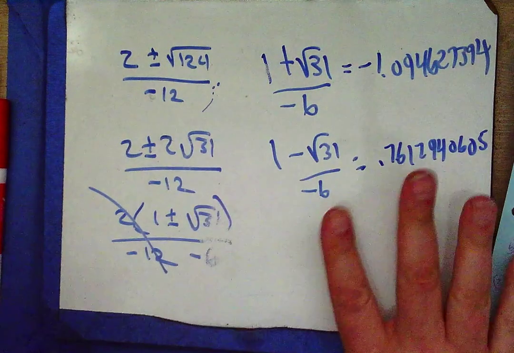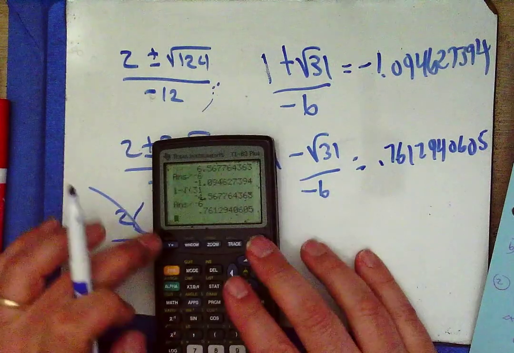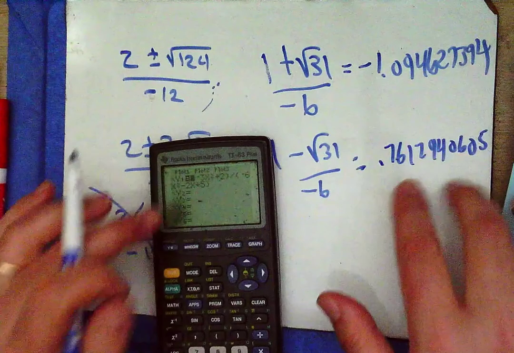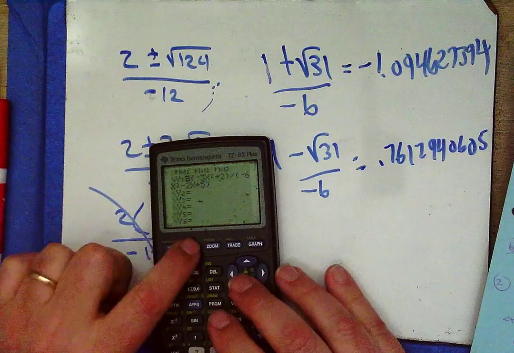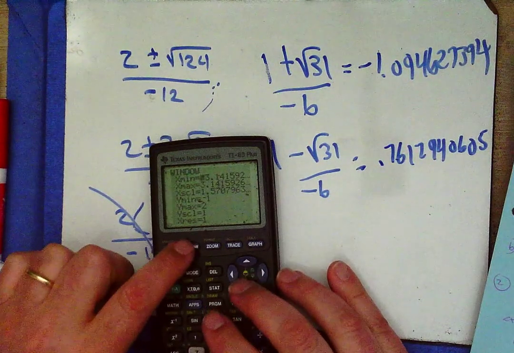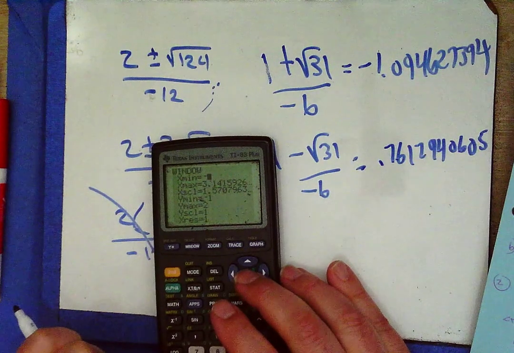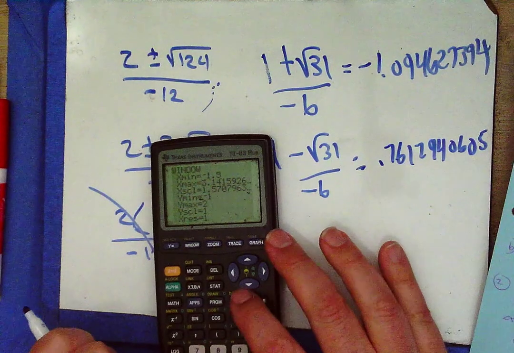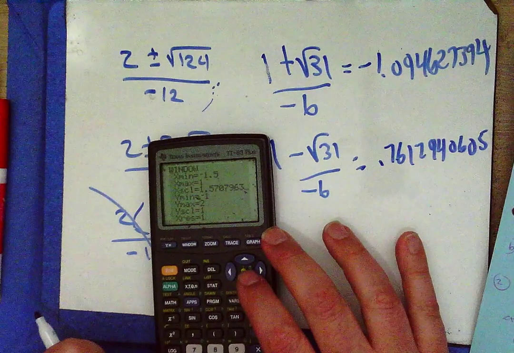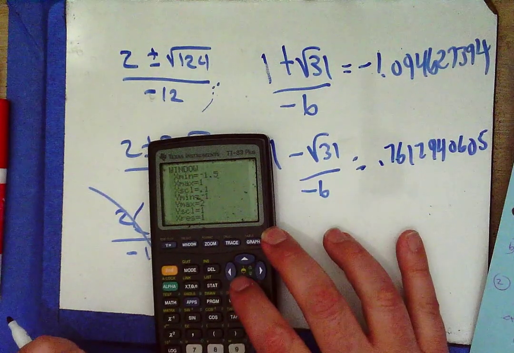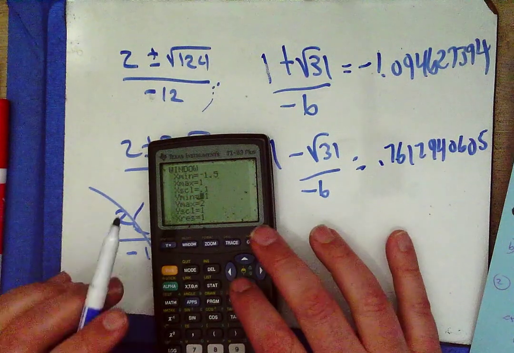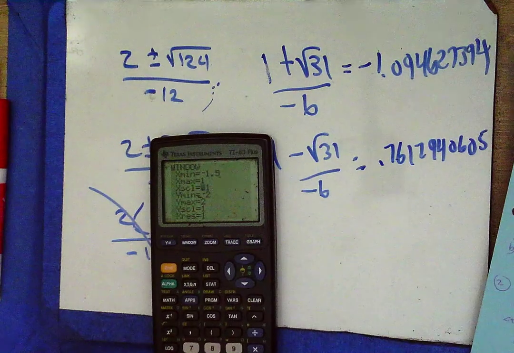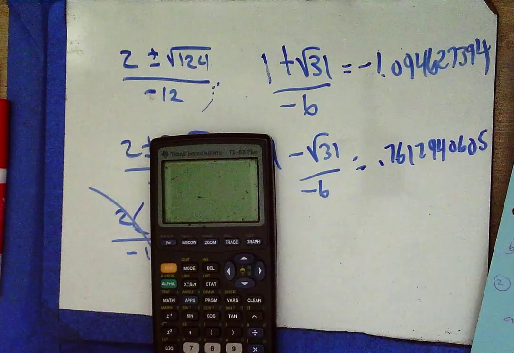Okay, so what I want to think about is how this thing that I plugged in here behaves near these x values. So I'm going to make my window pretty small. I'm going to go negative 1.5 to positive 1 in steps of 0.1. And how about negative 2 to 2? Let's see what that does. Graph.